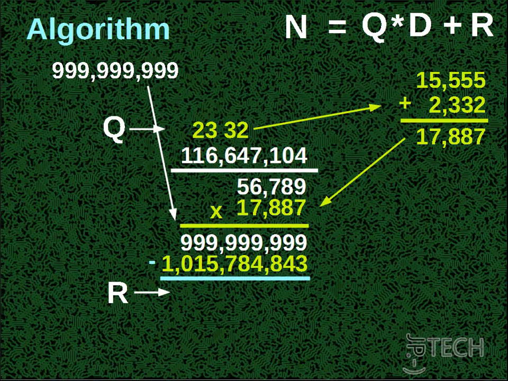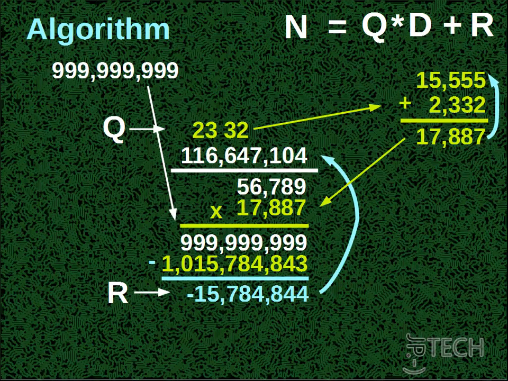Notice that this time we get a negative remainder. That's okay because that just means our quotient candidate is too high. On the next iteration, we'll end up subtracting from our quotient candidate in order to get a smaller candidate.